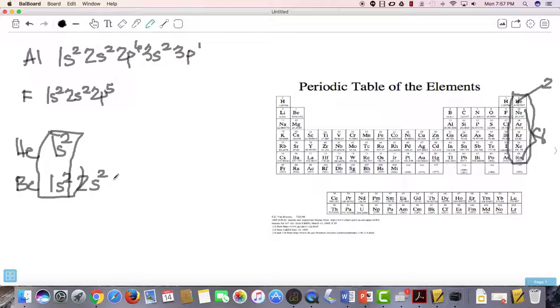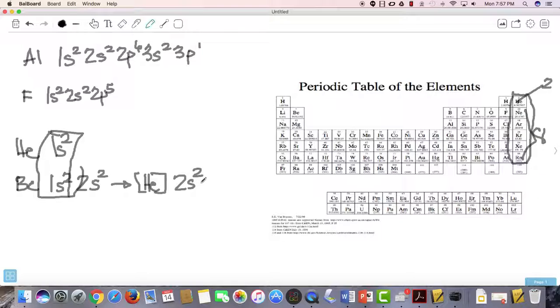So when you write the noble gas configuration for beryllium, first you take helium because that's the noble gas, put it in brackets, and then write everything that is different. So it becomes helium and then 2s2.